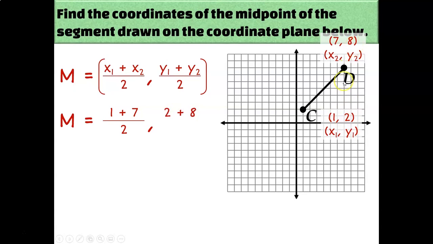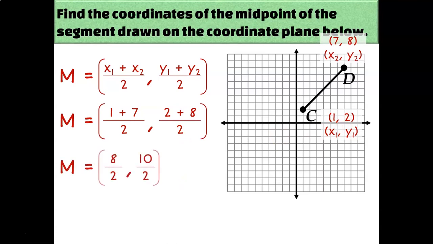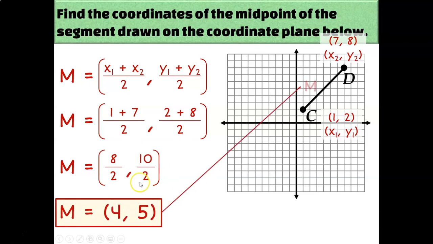And 2 plus 8, that's y1 plus y2 over 2. 1 plus 7 is 8, 2 plus 8 is 10. Reduce those fractions, and I get 4, 5. Which, again, if I plot it on my coordinate plane, it looks pretty reasonable to me that the point 4, 5 is about halfway in between point C and point D.